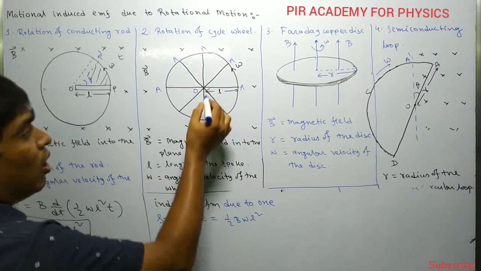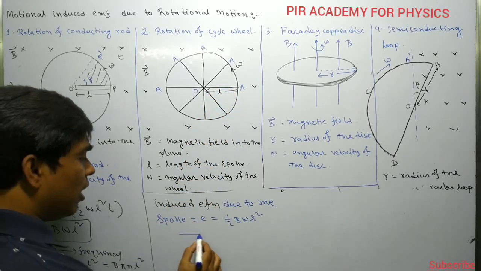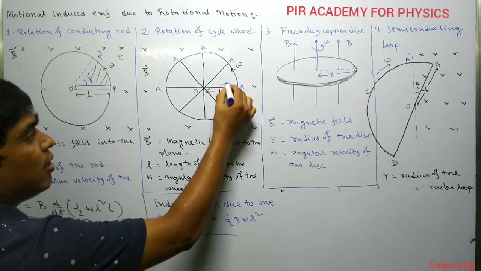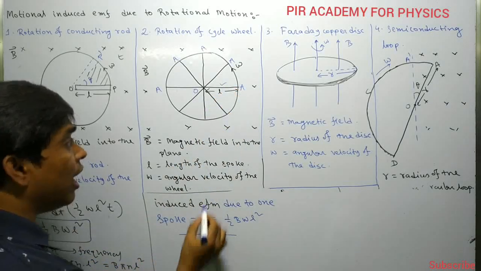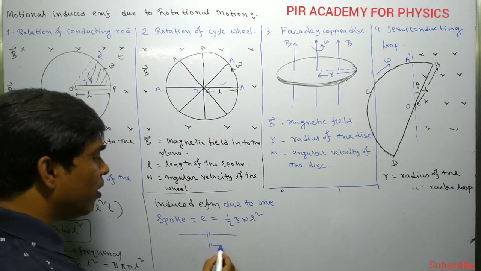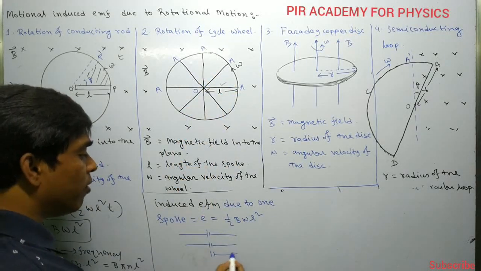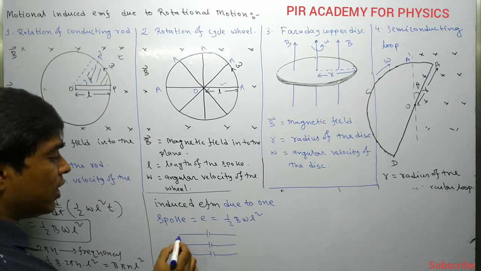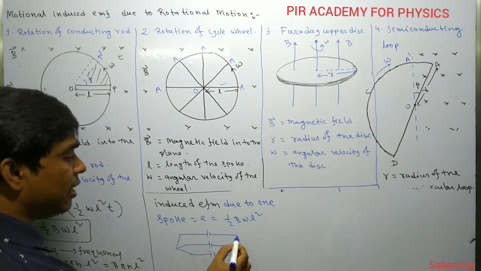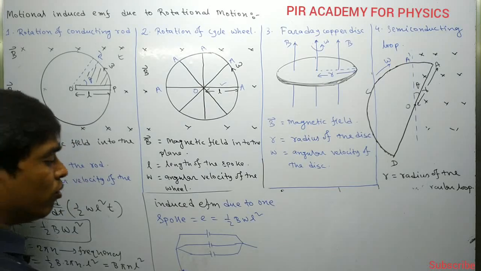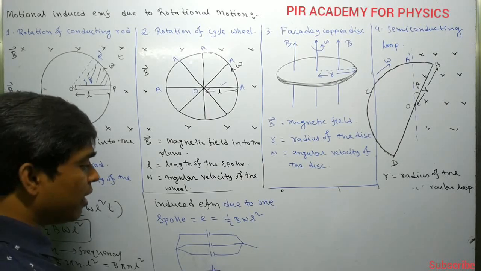That means the induced EMF on this spoke, and the induced EMF on another spoke, and on another spoke along this direction, all are connected in parallel.